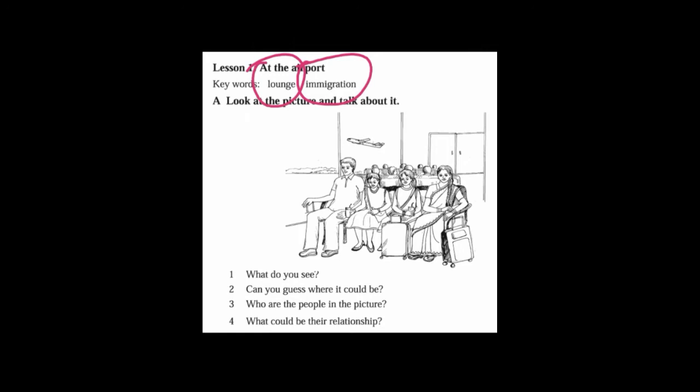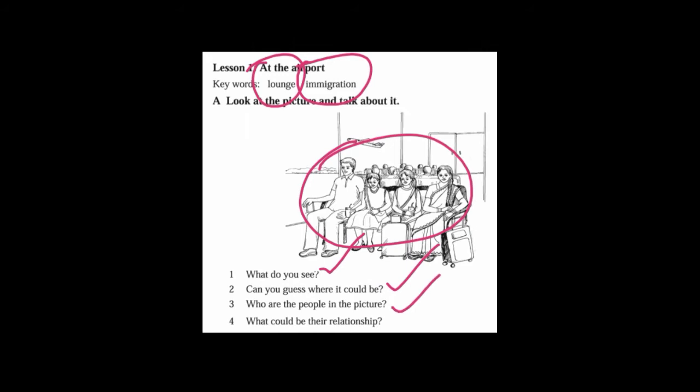Now we have to talk about the picture, and there are 4 questions given. The first question is, what do you see? We can see the passengers waiting in a lounge. The second question is, can you guess where it could be? Yes, it could be at the airport. And who are the people in the picture?